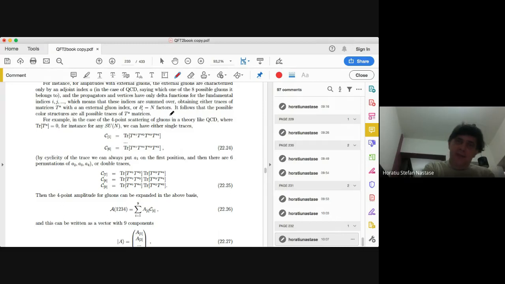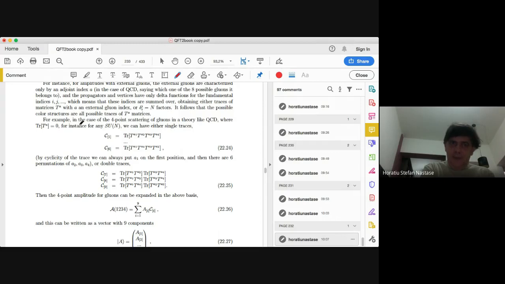So N is just a factor, but the color structures that are possible are just traces of the T^A matrices, the generators of SU(N), or SU(3) in the case of QCD, where A is the index for the external gluon.